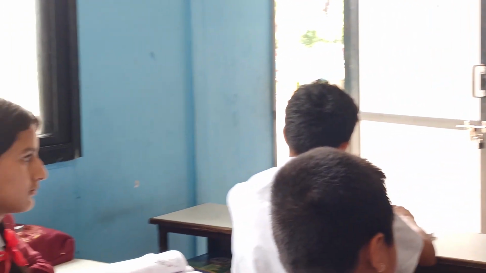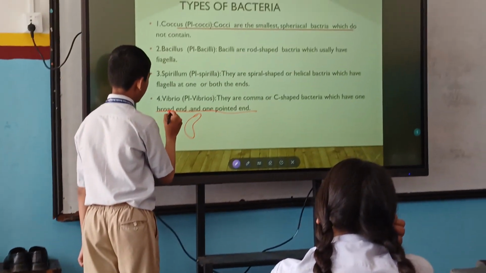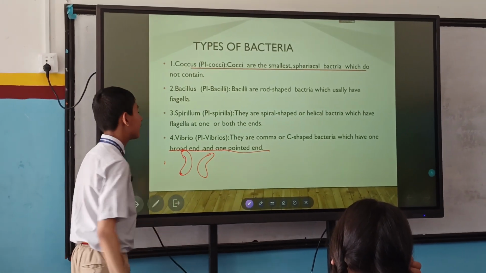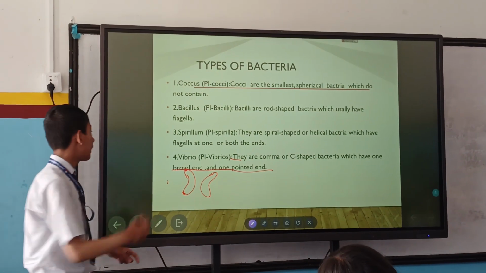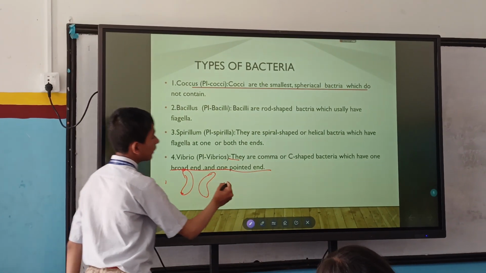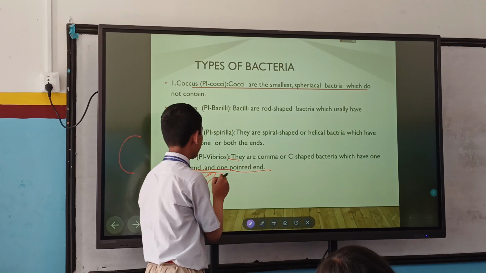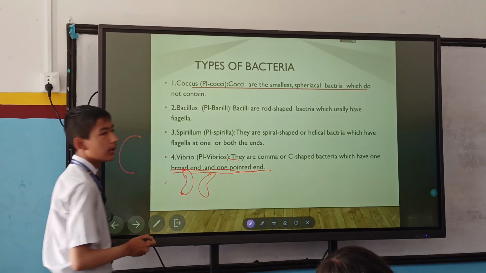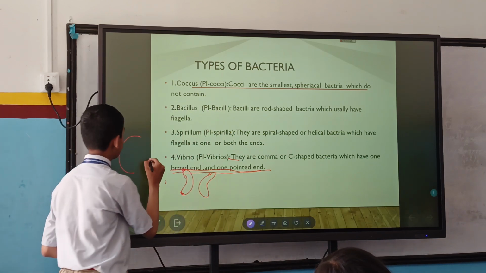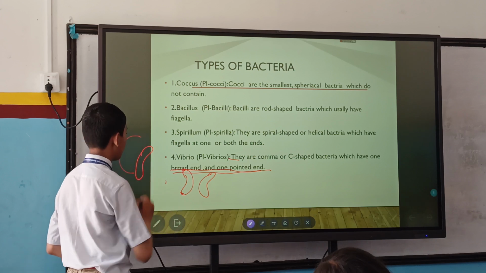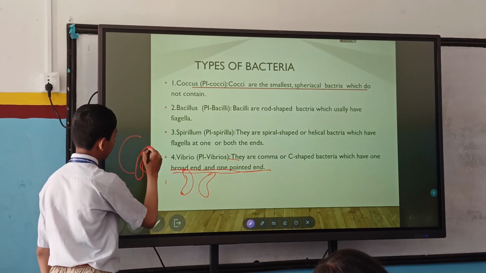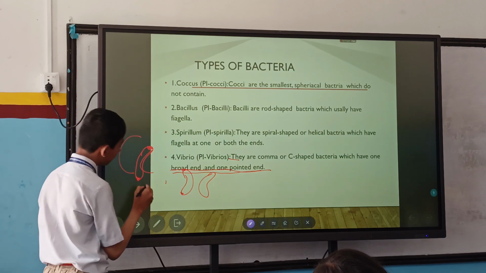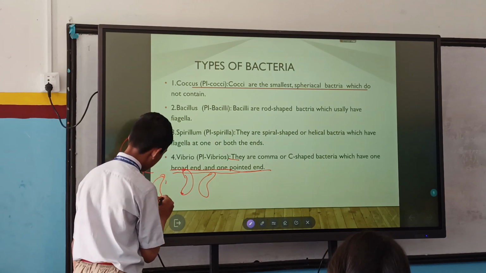Our Vibrio, which is C-shaped, has a broad end here, and then it has a pointed end here.